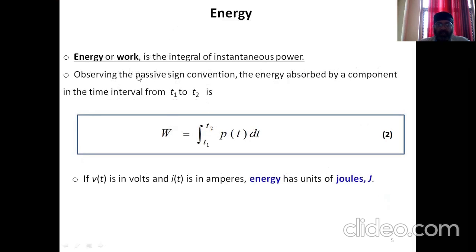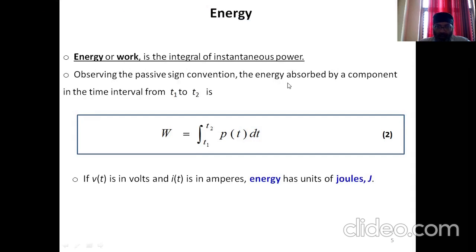And then what is energy? Energy is power, which is a function of time, multiplied by the time, and the units are joules. We already know about this.